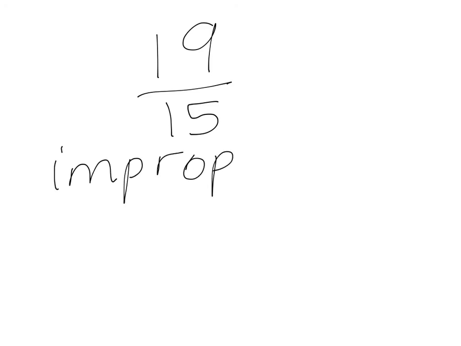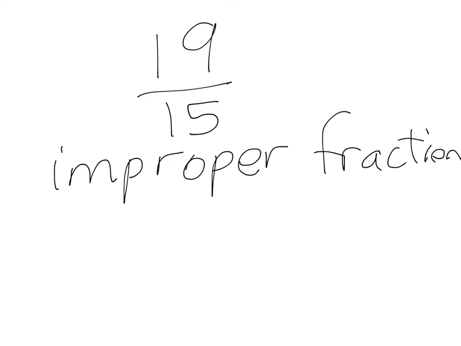Leave our answer as 19 fifteenths? Of course not. It's an improper fraction. We have to make it into a mixed number. How many times does 15 go into 19? Once, I hear you say. Of course it does.